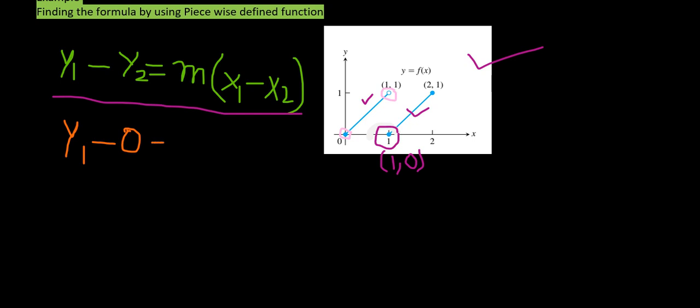Y minus 0 is equal to 1, that is our slope, times x1 minus 1, that is our x2.